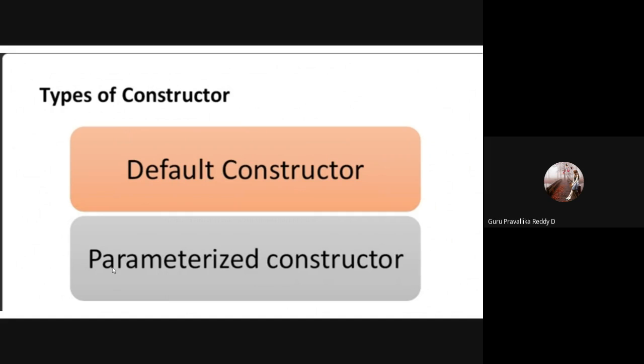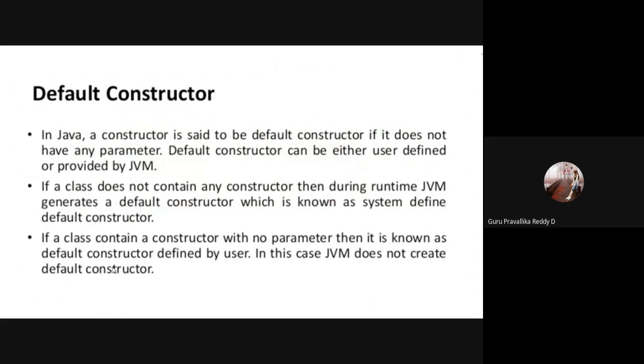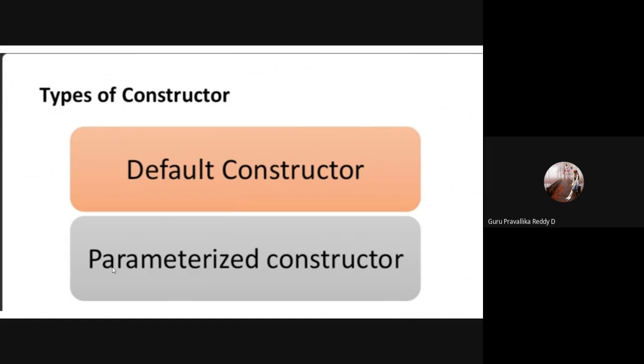Default constructor. In Java, a constructor is said to be default if it does not have any parameter. It can be either user defined or provided by the JVM. If a class does not contain any constructor, then during runtime the JVM generates a default constructor, which is known as the system defined default constructor.